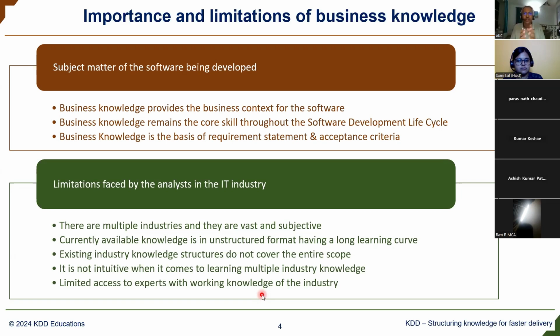When you talk about energy, it could be oil and gas, it could be electrical energy, it could be other gas, all those kinds of things. So we are seeing an expectation that, as a business analyst, you should know at least 2 or 3 different industries. But picking up that knowledge is not so easy because these industries are really vast, and the amount of knowledge is scattered, in a bookish form, or maybe in some presentation, maybe in some videos.